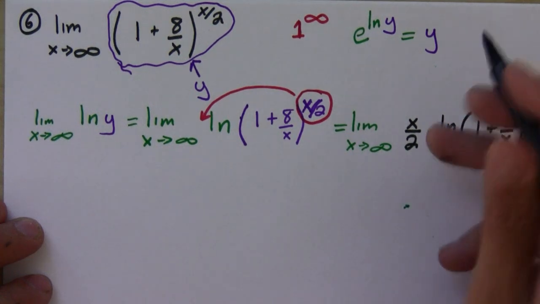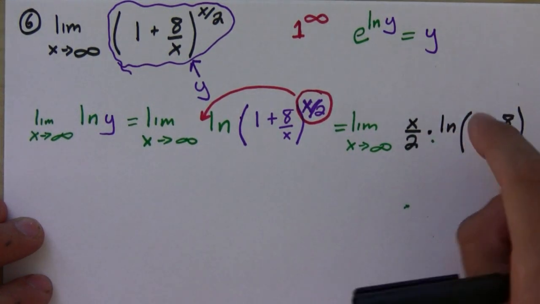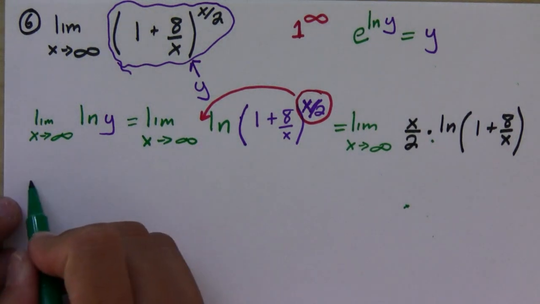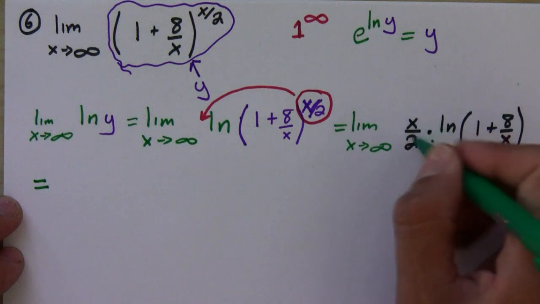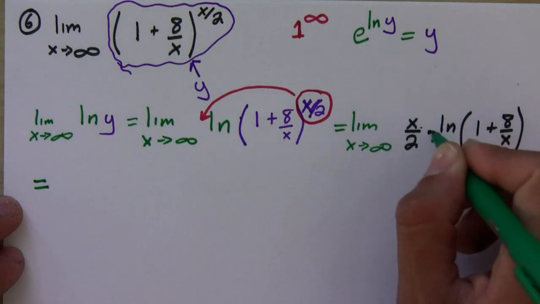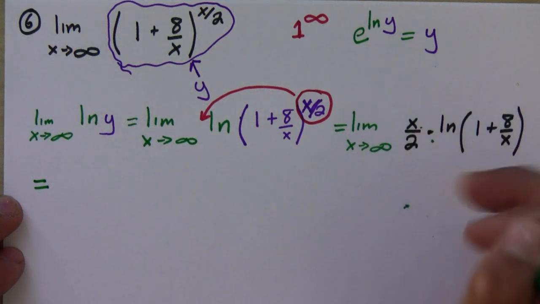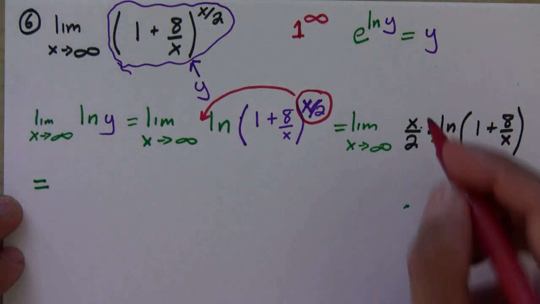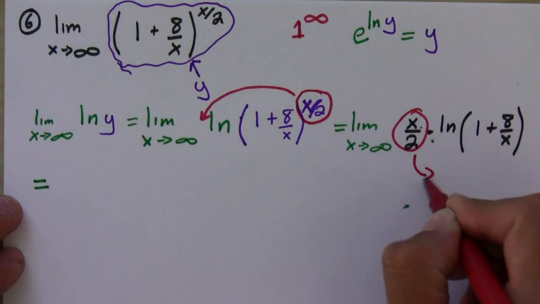But remember, to use L'Hopital's rule, we need to have one fraction over another. So I grab one of these two factors and write it out as a fraction. Let's say I'm going to move this one down.